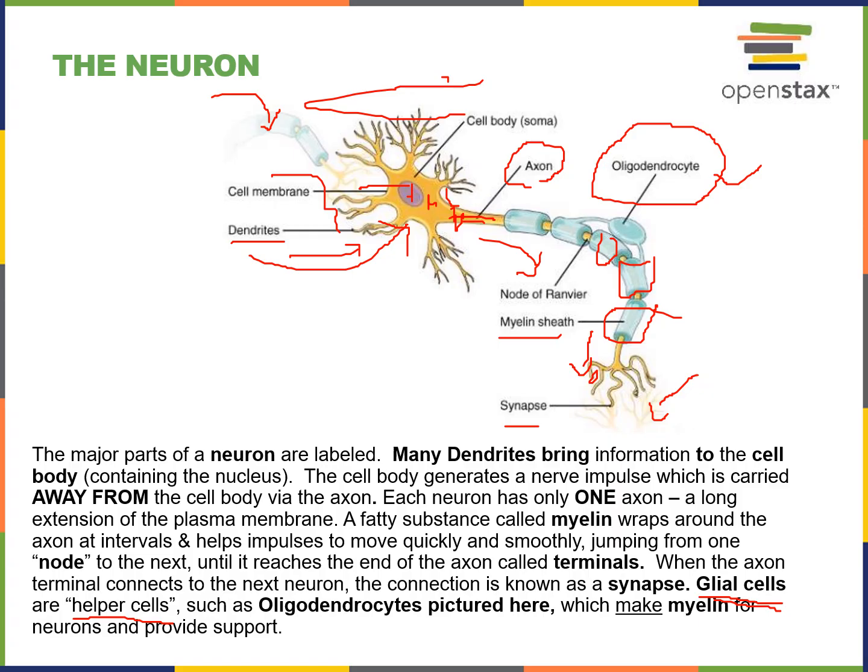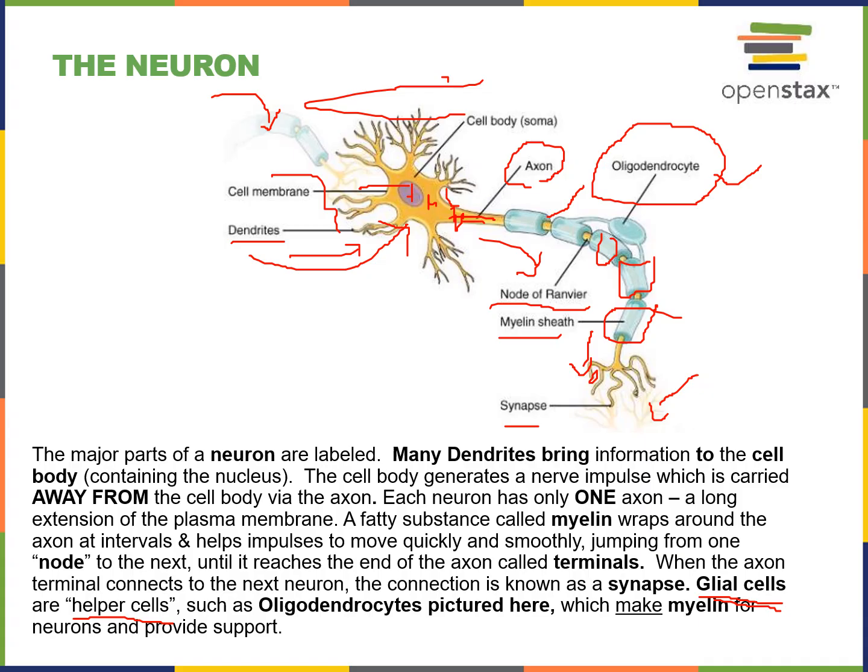So the question is, why do we only see myelin wrapped around the axon? And what is the purpose of these gaps? The gaps have a name, as you can see here. It's called the node of Ranvier.